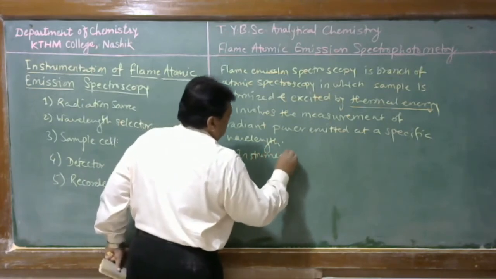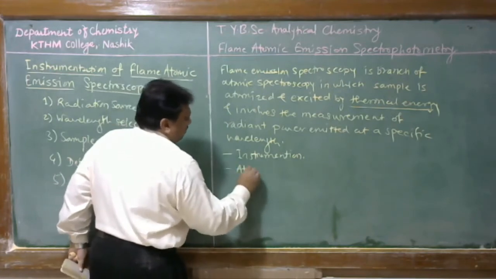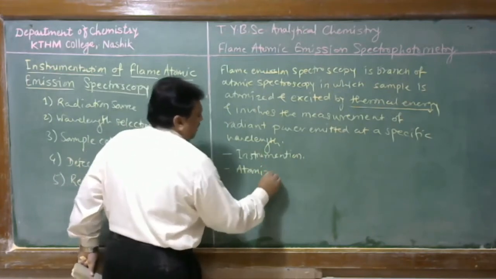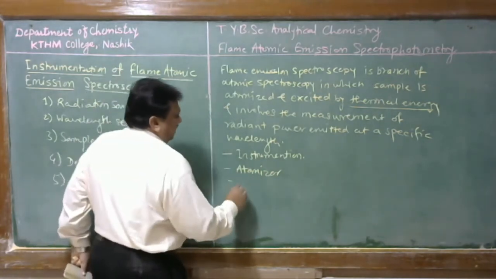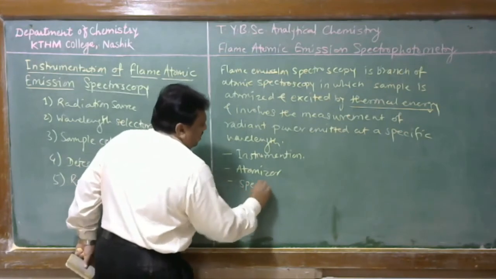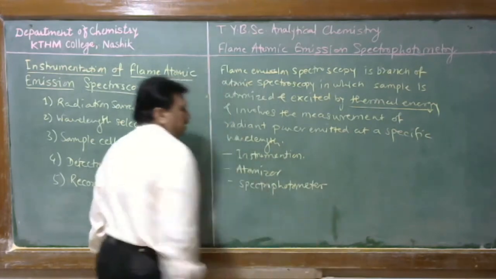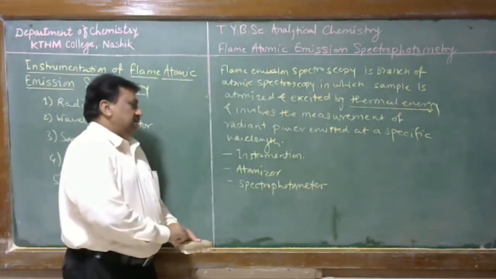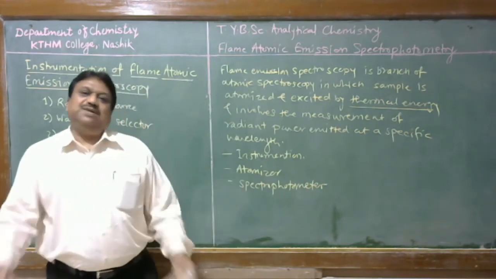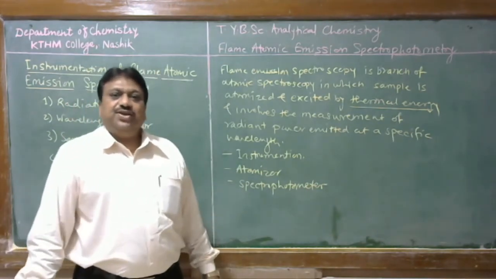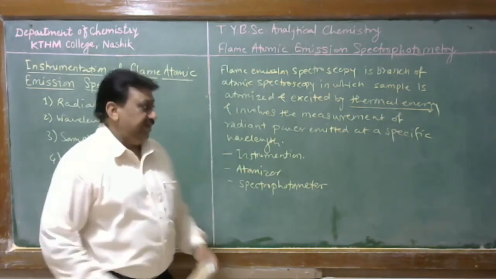Therefore, for construction of the FES instrument, we require, number one, a device to convert the sample into atoms, called an atomizer, and second, a spectrophotometer to measure the emission of that particular radiation. These two components are coupled to construct the instrument called a flame atomic emission spectrophotometer.